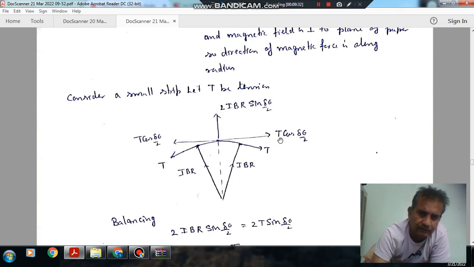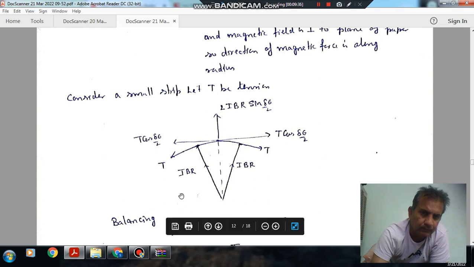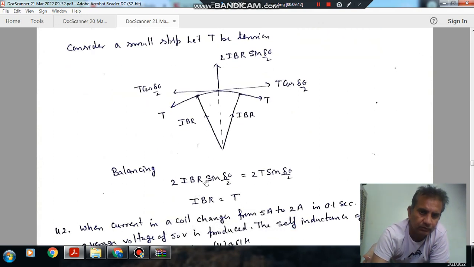So this is T cos del theta by 2, and this is T cos del theta by 2, and so these are balanced. But the sine component is not balanced. So 2T sin del theta by 2 should be equal to 2 IBR sin del theta by 2. So T should be equal to IBR.